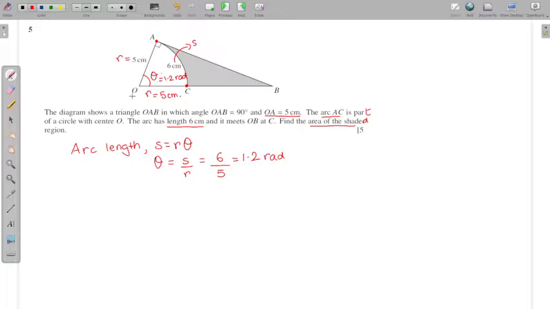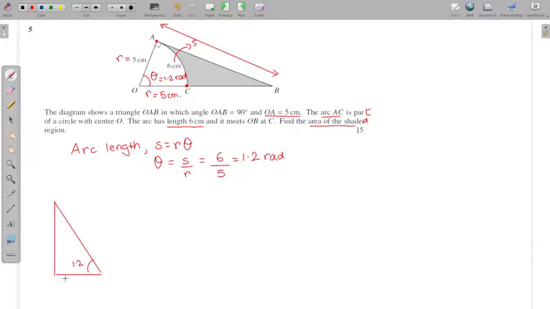So we have already been informed that this is a right angle triangle and this angle is coming to 1.2 radians and this is 5 centimeter. So we should be able to find out this side of the right angle triangle. We can find out side AB. So if I redraw that right angle triangle out here, this is equal to 1.2 radian.